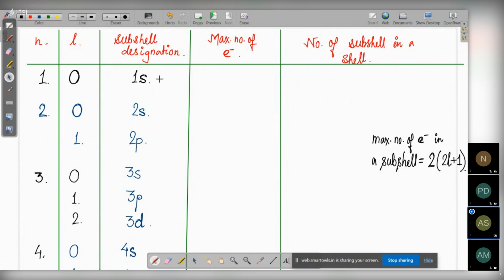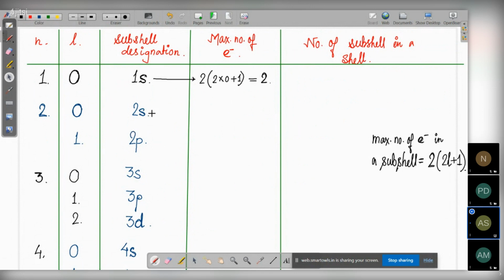Over here, if we calculate, what will be the value? Now for s, the value of L is 0. So that means this is going to be 2 into (2 into 0 plus 1), that is equal to 2. So the 1s subshell can have a maximum number of 2 electrons.